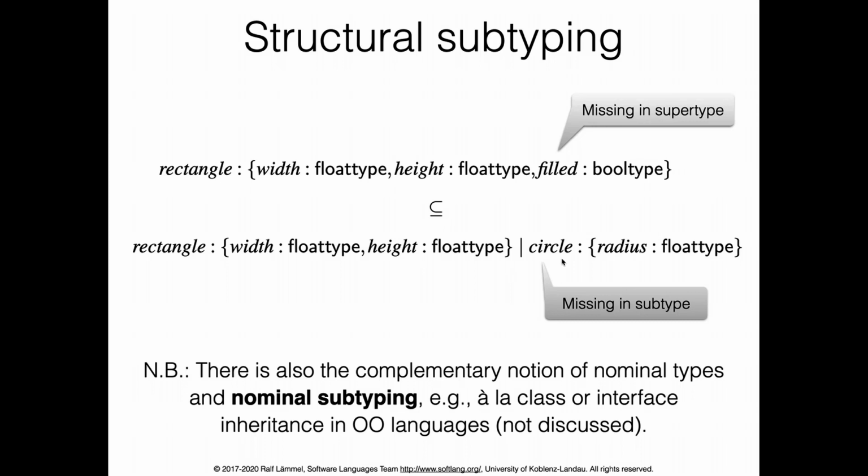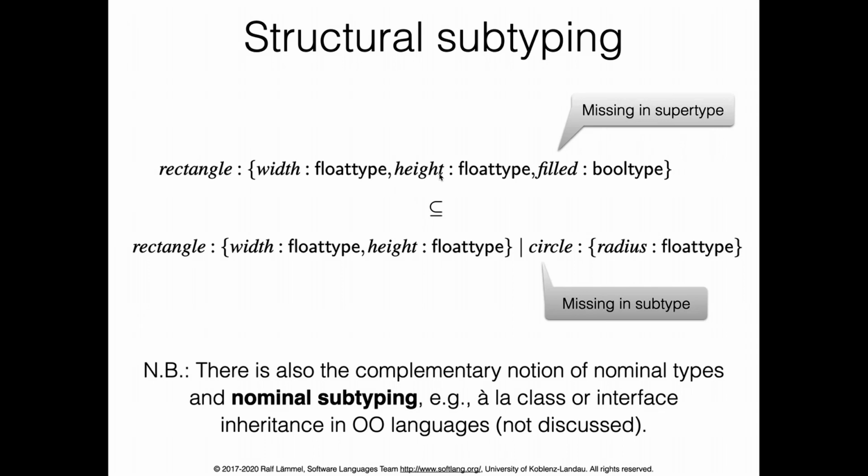Subtyping should be such that if we have a function that expects this sort of supertype here, and now we say that this is a subtype thereof, then this function should also be able to deal with a value of the subtype.